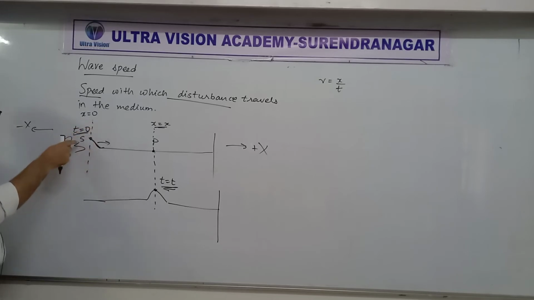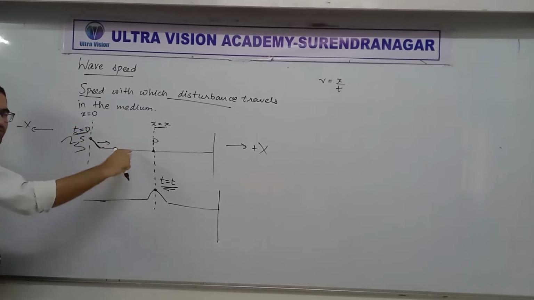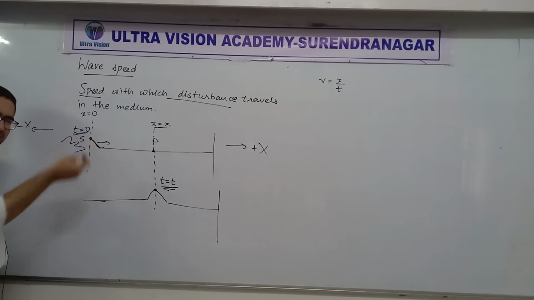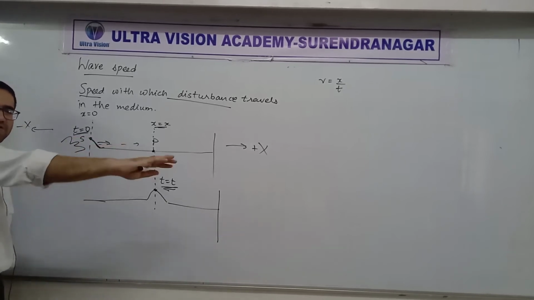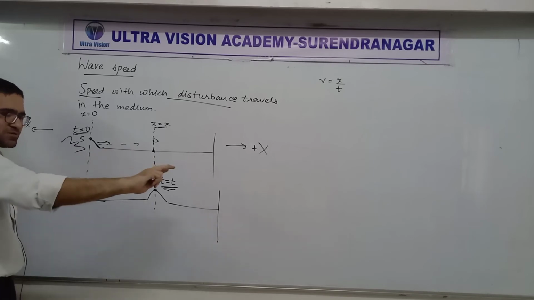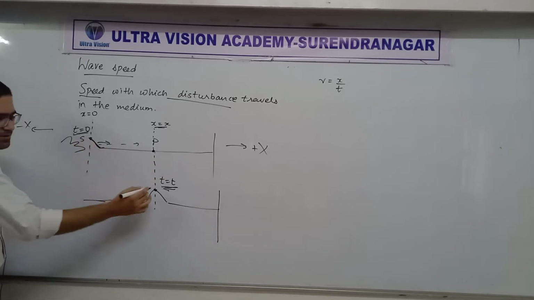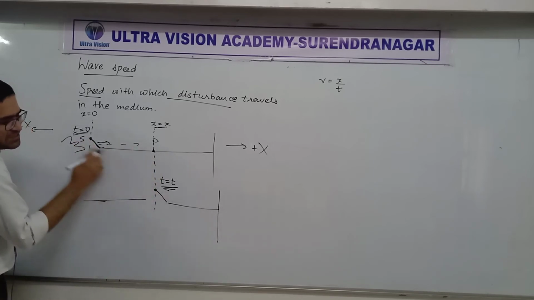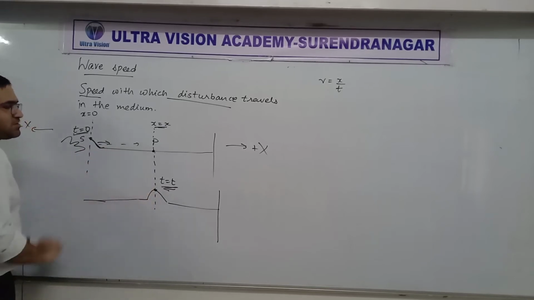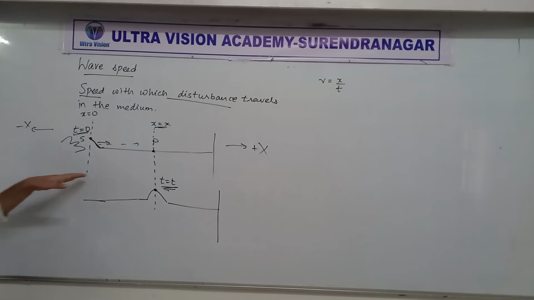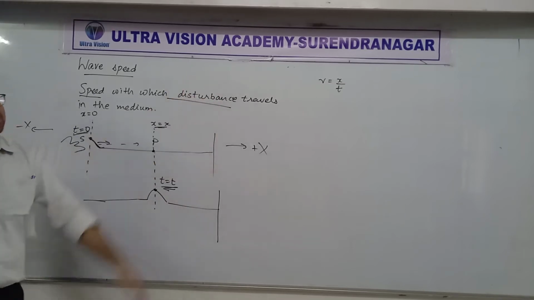So it creates a pattern on the string, this kind of shape. Then even if you put it down, this pattern will travel forward. That's how a wave travels, or that's how a disturbance travels. So when this pattern reaches here, I hope you see that this is the same pattern. So it takes a time t, and then the wave speed would be x upon t. Clear?